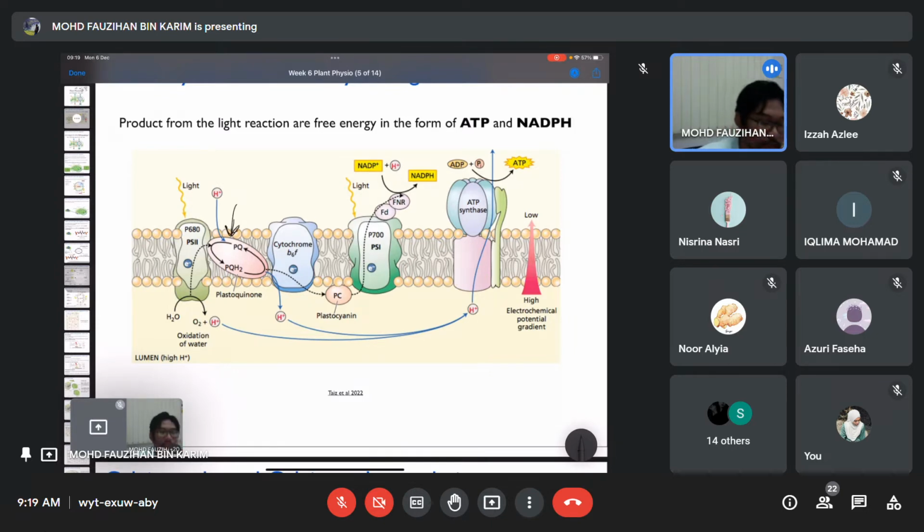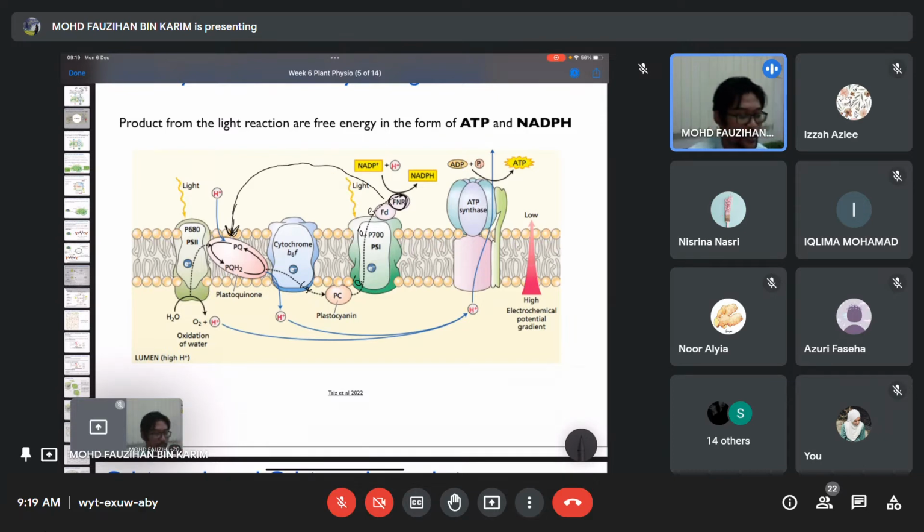So these are the destiny or the journey of the electron. At the FNR, instead of transferring the electron to NADP plus to make NADPH, the FNR will go back and transfer the electron here.